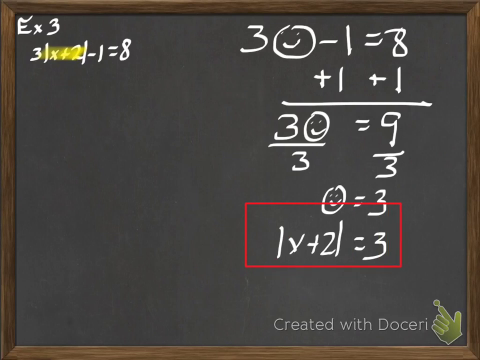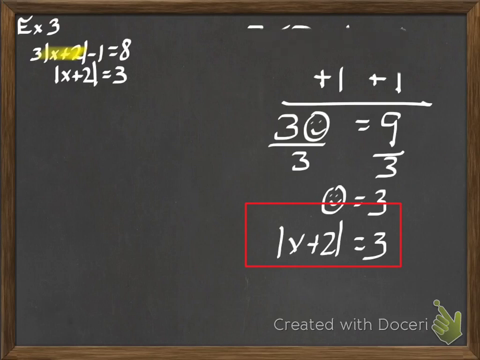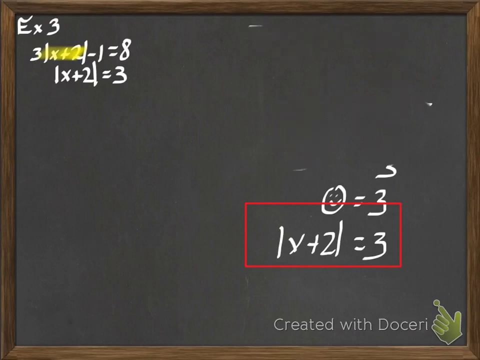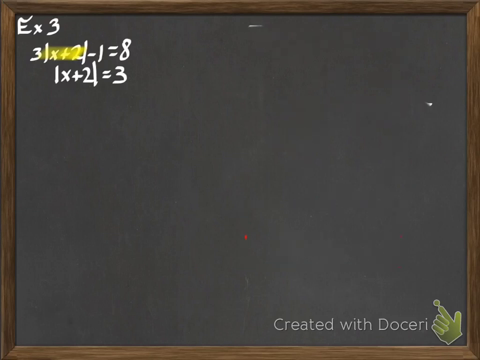We know that absolute value of x plus 2 is equal to 3 based upon that work I showed over here on the side. So I can show all my work over here, I'm going to erase this, and we're going to figure out what that x plus 2 could be, or what the x could be.